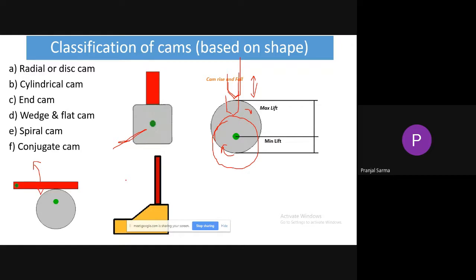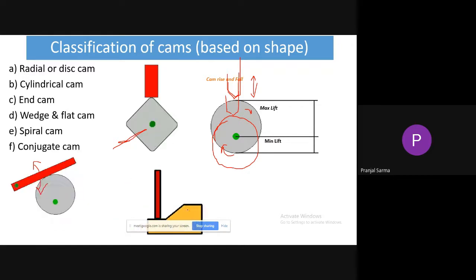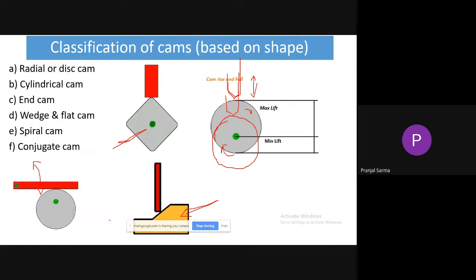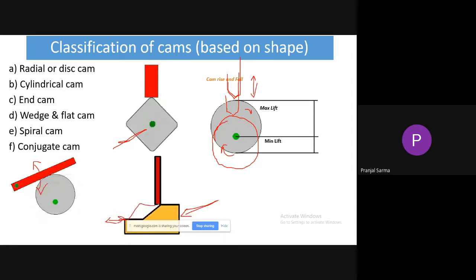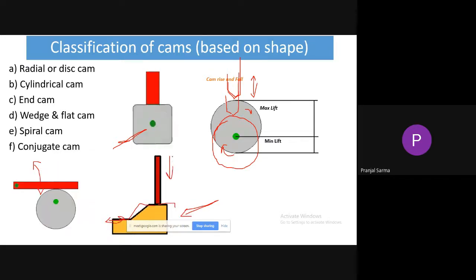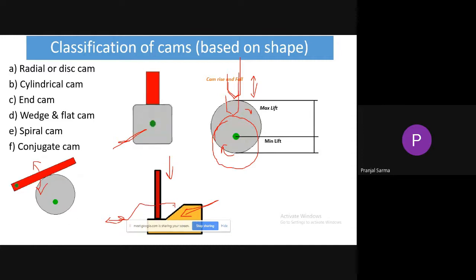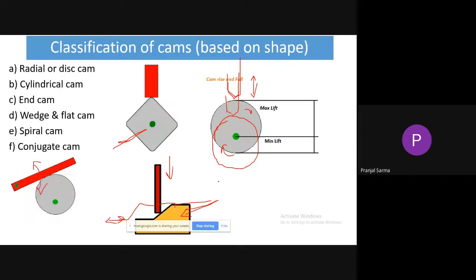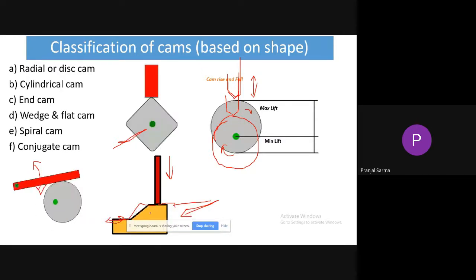Here you can see this one is a reciprocating type of cam, moving like this, and due to the shape, this is the profile of that cam. Where the profile stays the same, there will not be any motion. After that it gradually goes down, then no motion, then gradually goes up. So mostly the cam is rotating, but sometimes it may be a reciprocating member also.